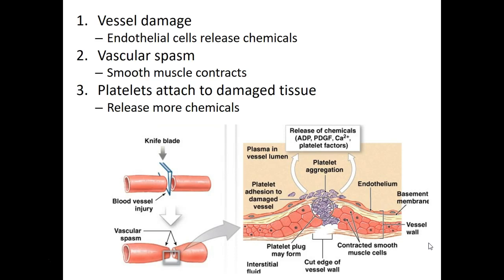And then vascular spasm, that's the contraction that goes on to try to minimize blood flow to that area, to minimize blood loss. And then we have this positive feedback, where platelets attach, they get activated, and they recruit more platelets, right? And then more platelets get activated, and so forth. So that's the start of this process.